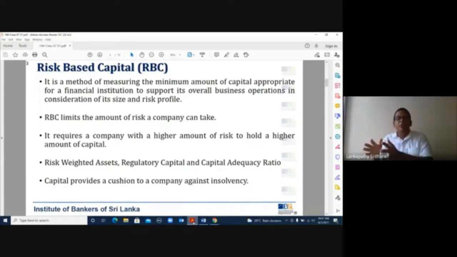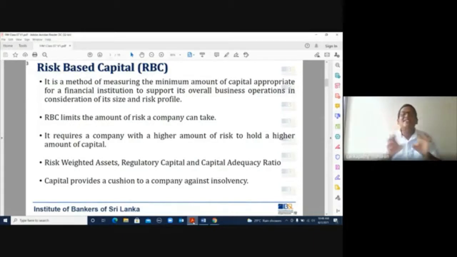Their business model is concentrating on SME customers, retail customers or microfinance customers, because their business model is granting loans and advances to risky customers. Let's assume both banks or finance institutions have the same portfolio amount, 100 billion.